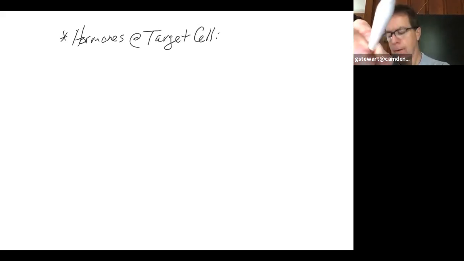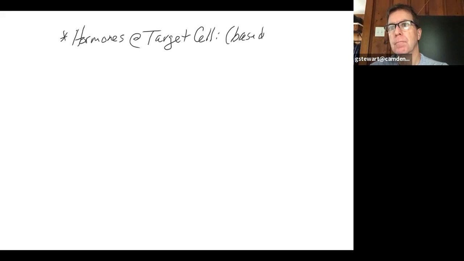So I'm just going to write, now we're going to get more specific. Hormones, we're still talking about what they do when they reach the target cell. And this is based on, I'm going to write chemical class.